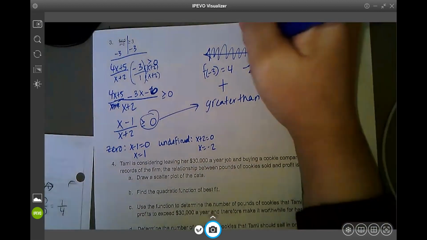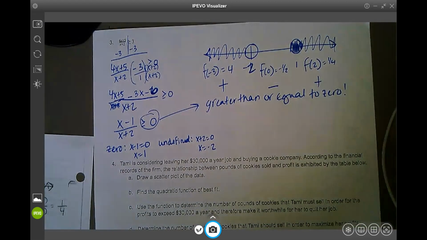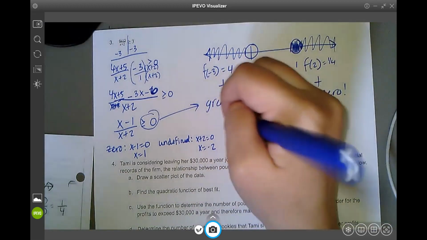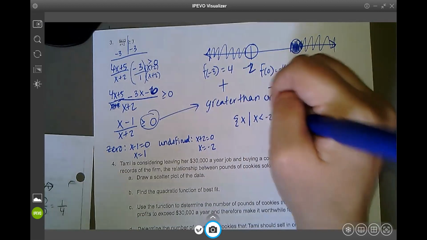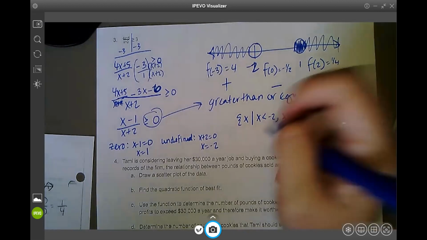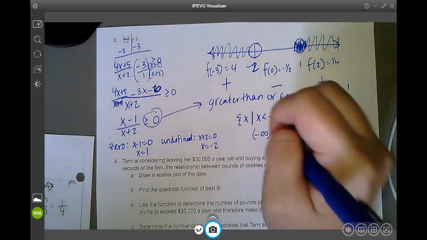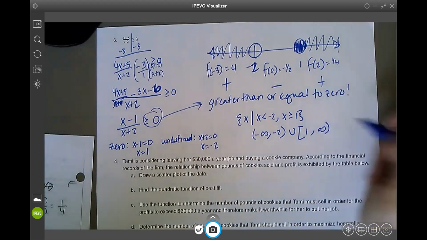It's undefined. So that's going to be an open circle at -2 because that is where your function does not exist. So my set notation would be x such that x is less than -2 or x is greater than or equal to 1. My interval notation would be from -∞ to -2 union 1 inclusive to infinity.